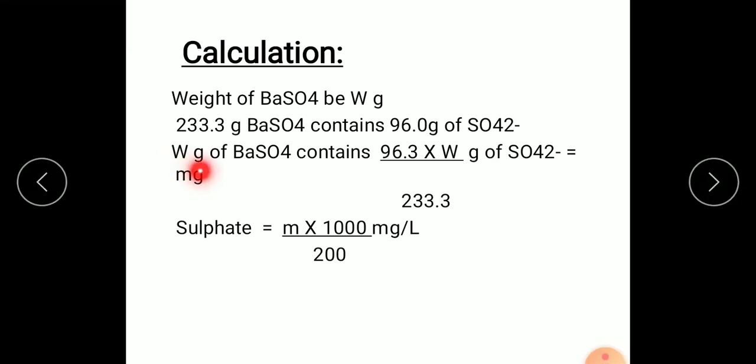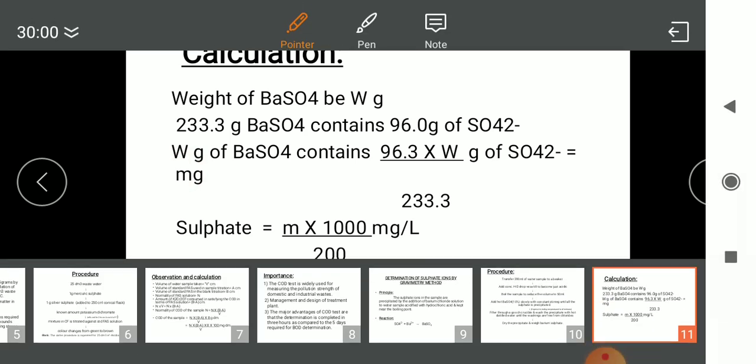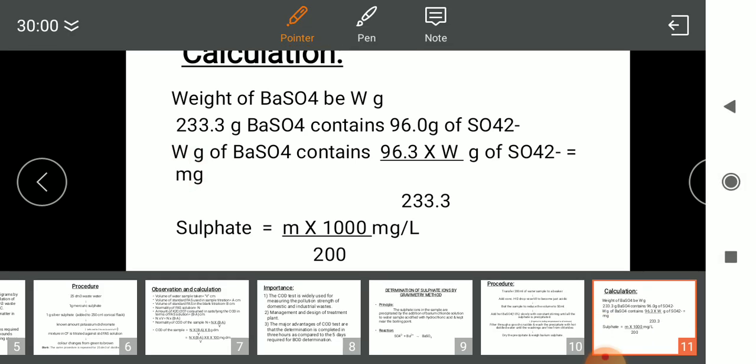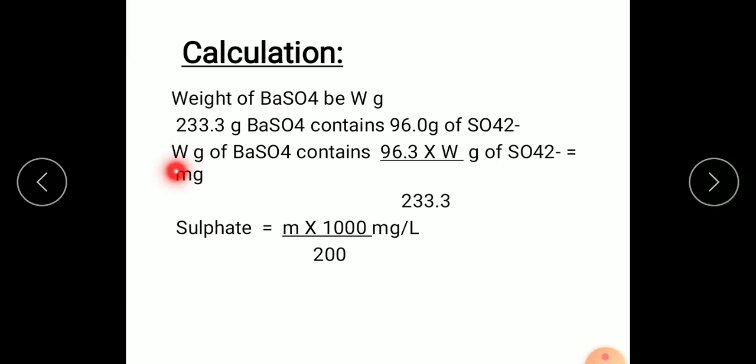Here that M is nothing but the weight of sulfate which we have. So the amount of sulfate is given by that M, whatever we got after this calculation, into 1000, because we are converting gram to milligram, per liter, divided by 200.